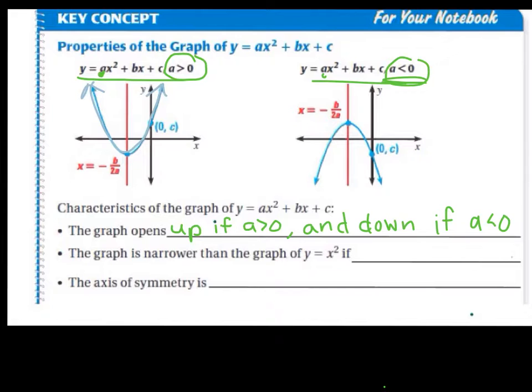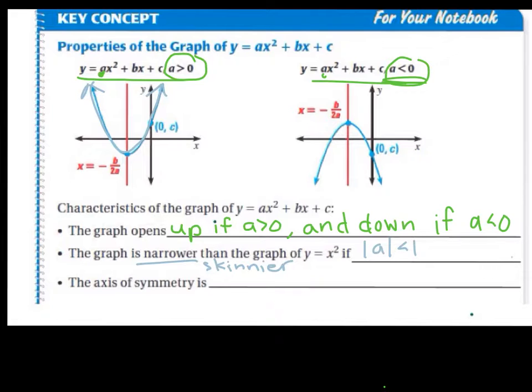So when does the graph become narrower than the original? It says narrower, it really means sort of skinnier. So it's going to be narrower if the absolute value of that leading coefficient, that a value, is less than 1.